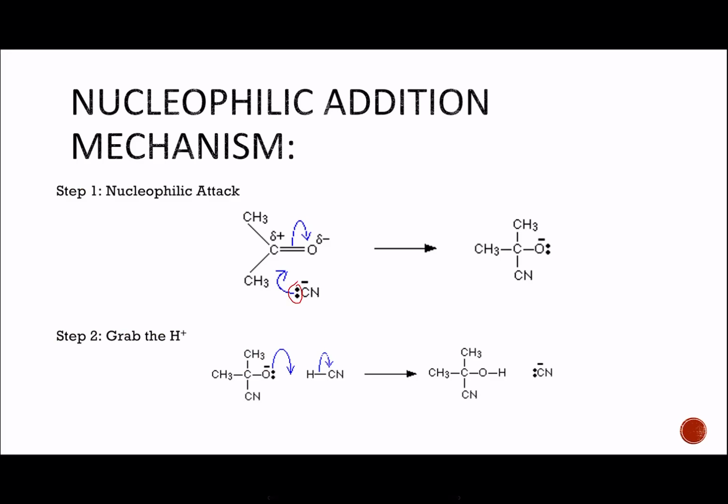The 2 electrons here would go to the carbon, not to the bond. And then this bond curves over immediately to become 2 electrons on the oxygen. And so those are the 2 extra electrons that are being shown. Once you have that happen, then this negative will reach out to the hydrogen that's still around from hydrogen cyanide, and you will end up with the alcohol. So you end up actually with 2 functional groups. You end up with the cyanide attached, and you end up with an alcohol.